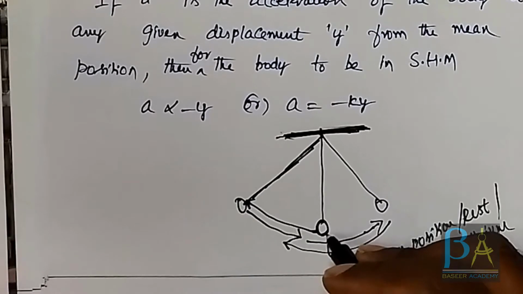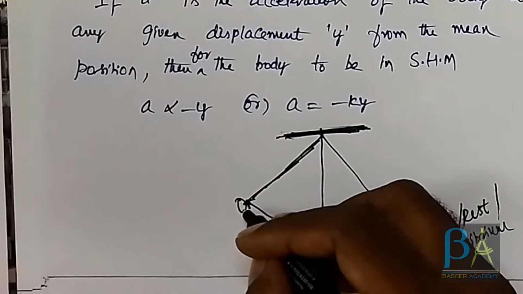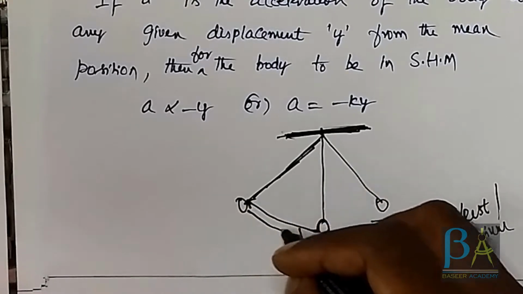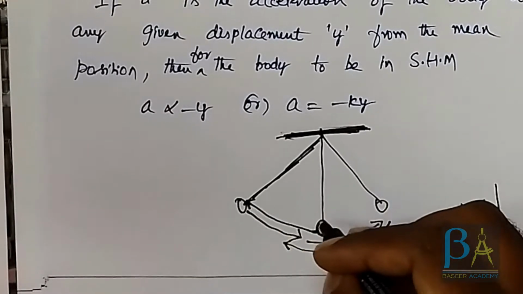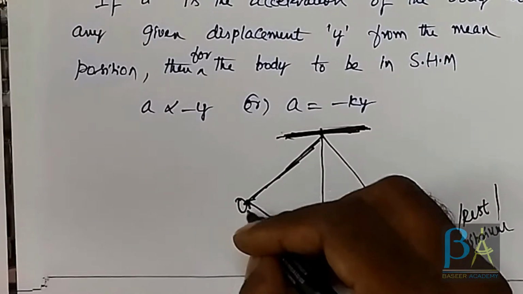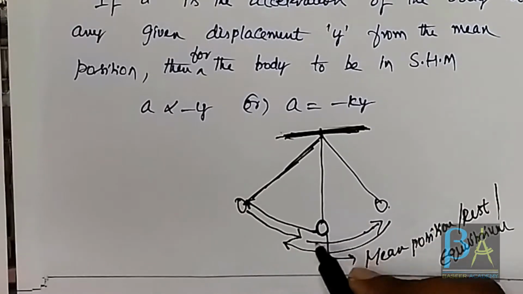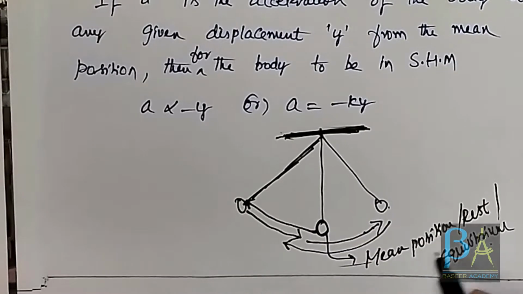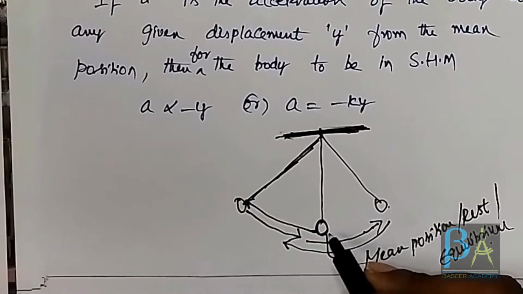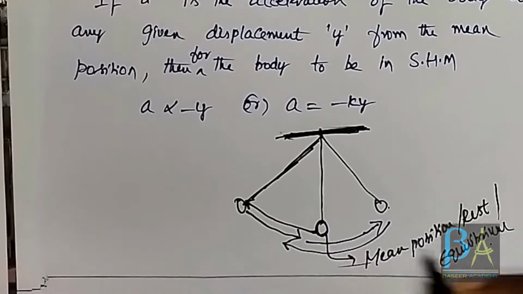So when you displace the bob, let's say this is a bob here, the bob goes to and fro about the mean position. This is the mean position, or the rest position, or the equilibrium position, because when the pendulum is not moving, it comes to rest at this position.